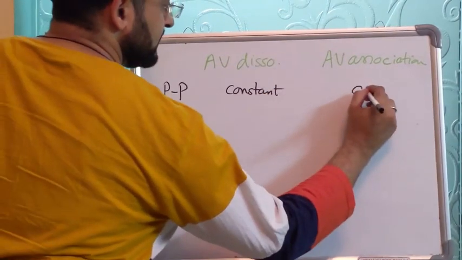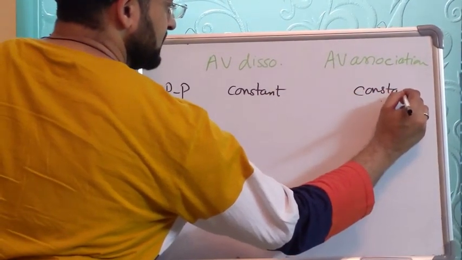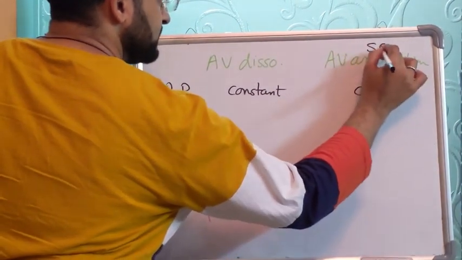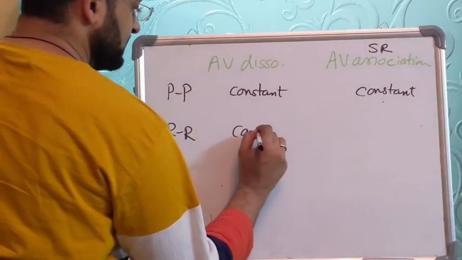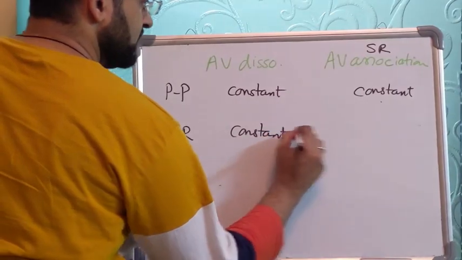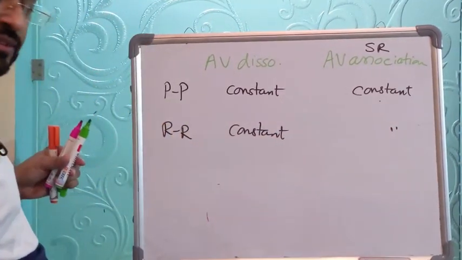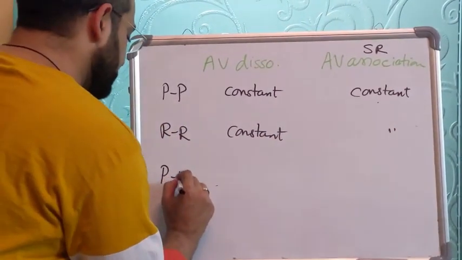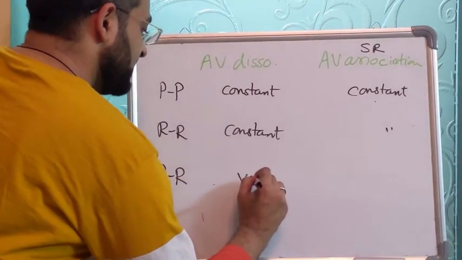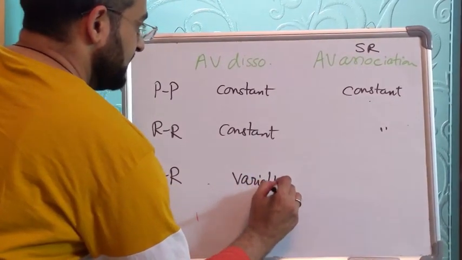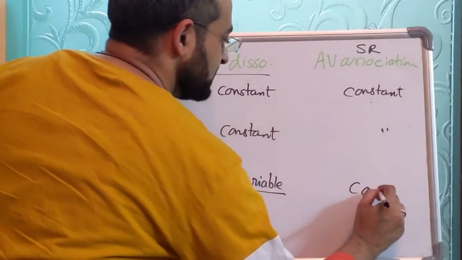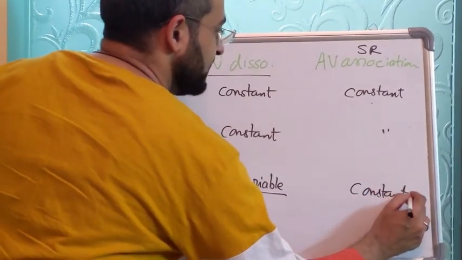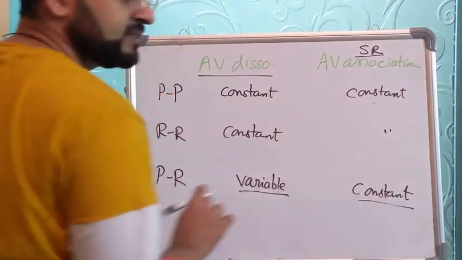It is constant in AV association as well. In sinus rhythm, the RR interval is constant. It is constant in AV association as well. The PR interval is variable in AV dissociation, whereas it is constant in AV association or in sinus rhythm.